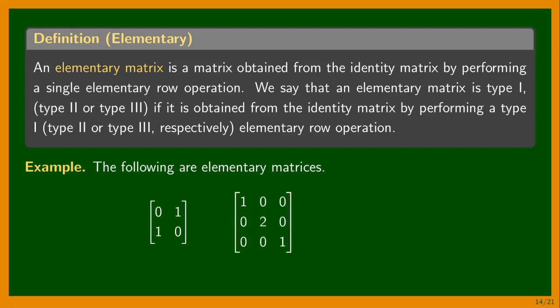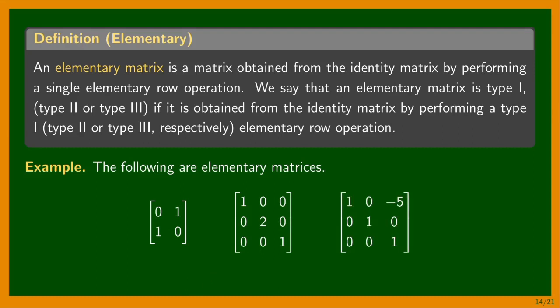This is also an elementary matrix of size 3 by 3, but this time it is a type 2 elementary matrix because from I_3, I multiplied a factor of 2 on the second row, right?